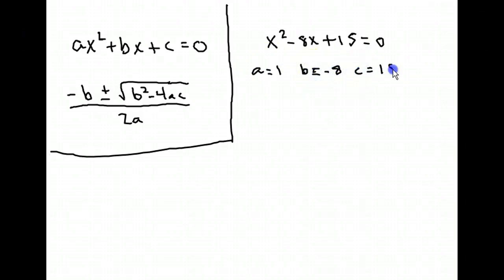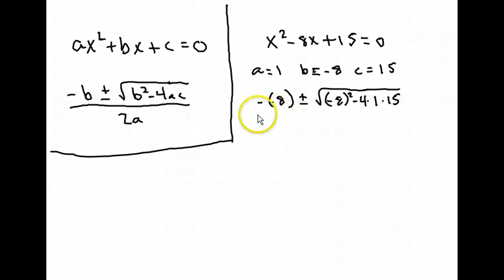So these numbers you will plug into the quadratic formula, which will give you negative negative 8, because the formula says minus b, plus or minus the square root of negative 8 squared minus 4 times 1 times 15, and that's all divided by 2 times 1. So you have to do this in steps.